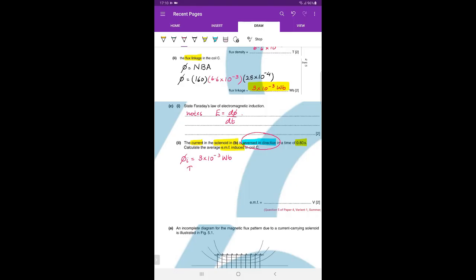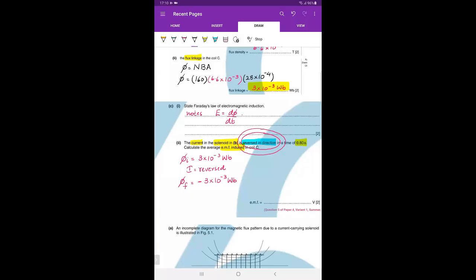So when the current gets reversed, the magnetic flux linkage will also get reversed. So देखो मैं final answer कैसे लिख रहा हूँ. I'm writing the same number but with a negative sign. ठीक है, minus because of the fact that the current has been reversed as the question implied.